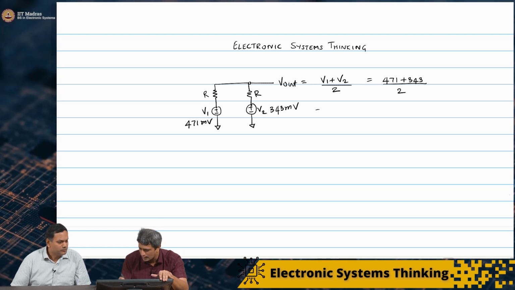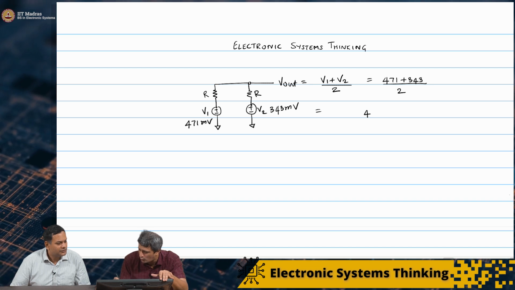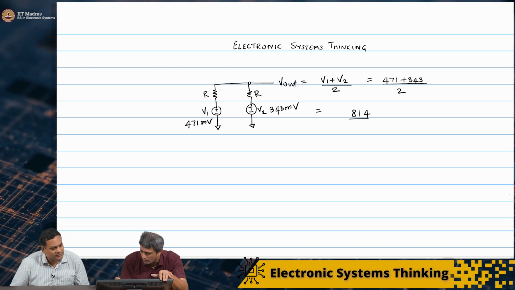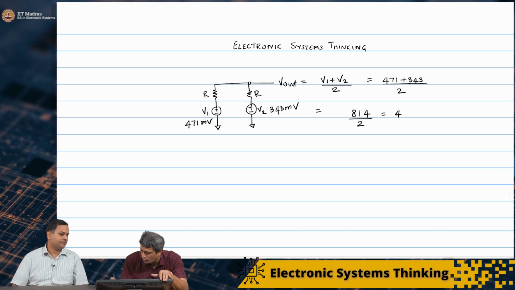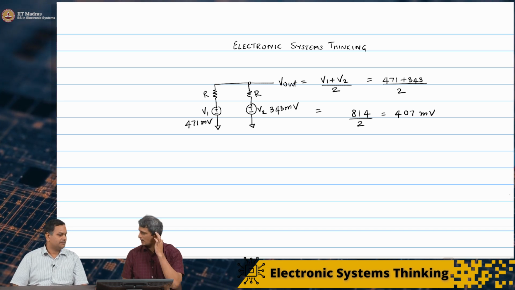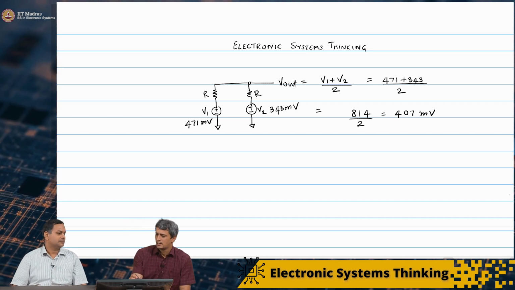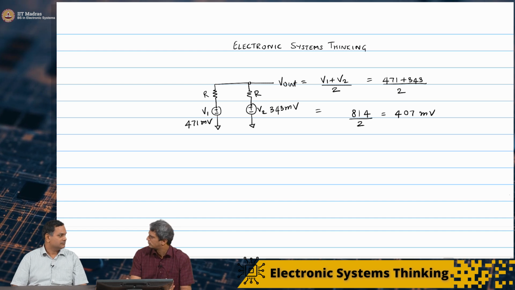What does this give us? It gives us 814 by 2, which is 407 millivolt. This is the analog compute answer that we want, and clearly this circuit looks very simple.